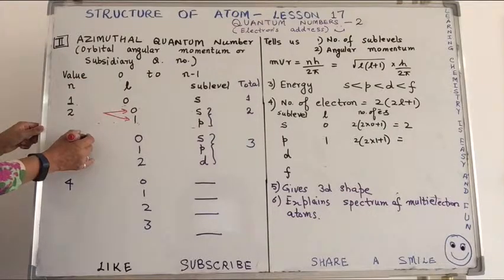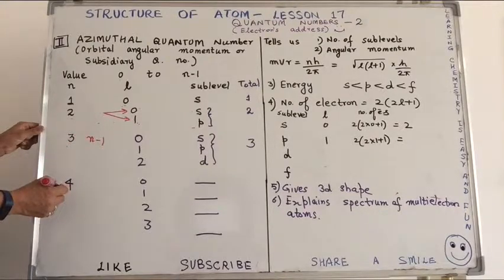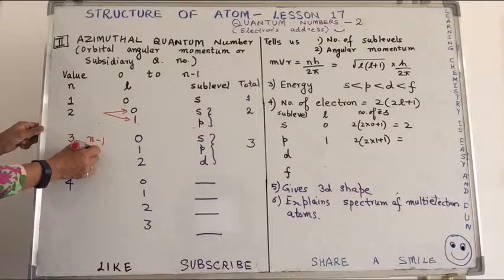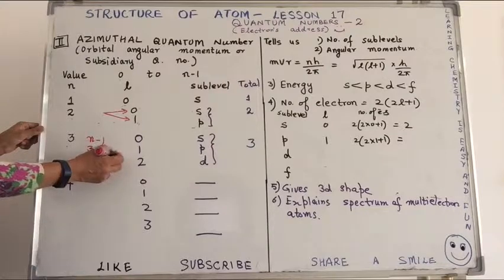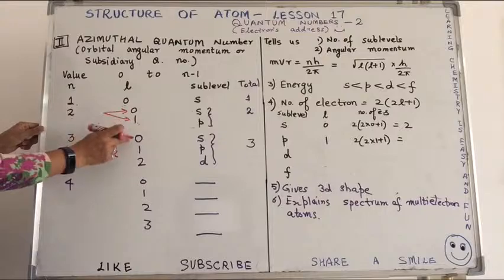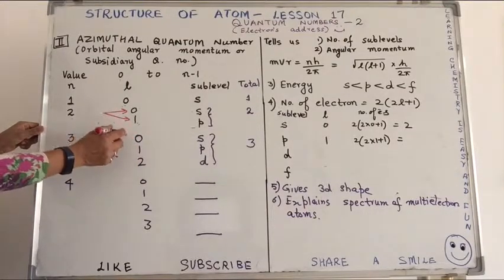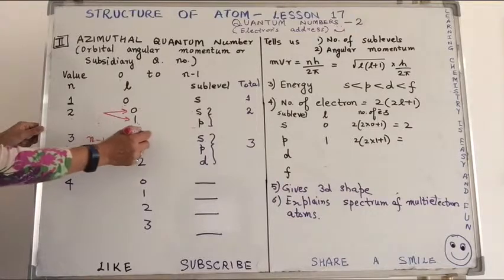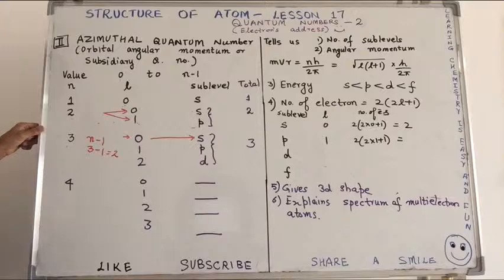Come to n is equal to 3. So we start from 0 to n minus 1. Now what will be the value of n here? Yes, it's 3 because I'm talking about the third orbit. 3 minus 1 is 2. So whole numbers between 0 to 2: 0, 1, 2. When L is 0, we call it, yes, S sublevel.